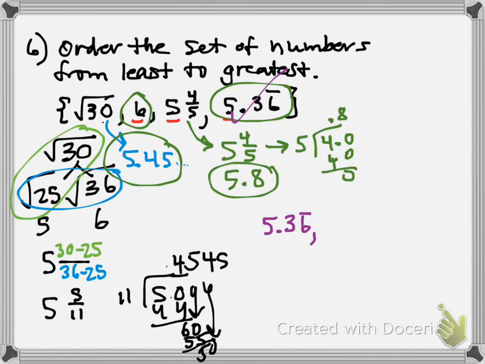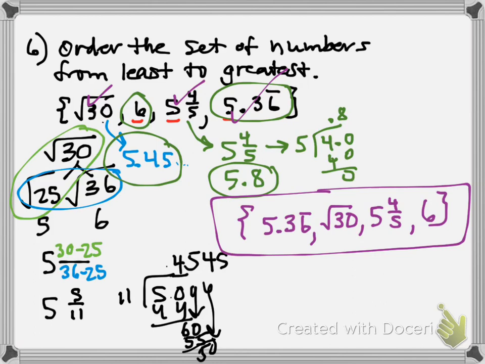So the 5.45 that went with the square root of 30. We have to go back to the original numbers. Okay? So then what came next? The 5.8, which went with the original 5 4/5, and that leaves 6 at the end. And so there's what your answer would be in order from least to greatest.